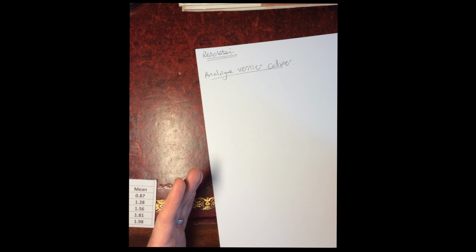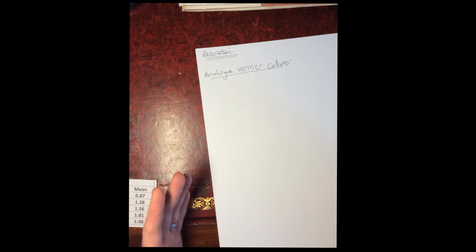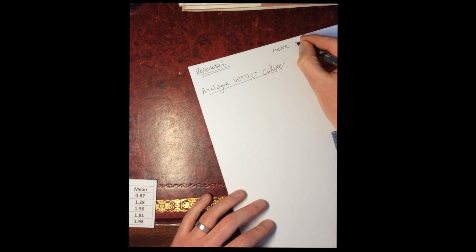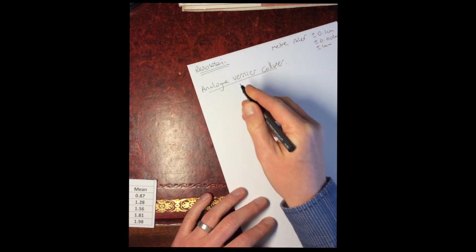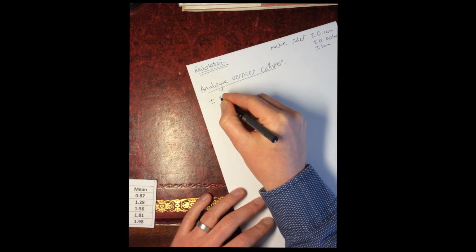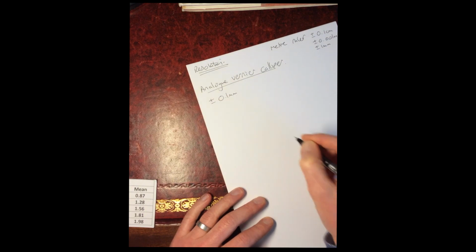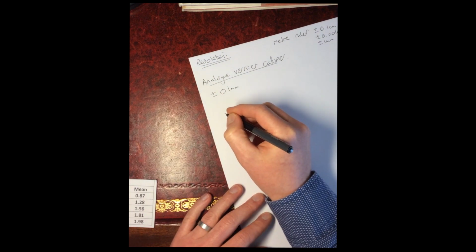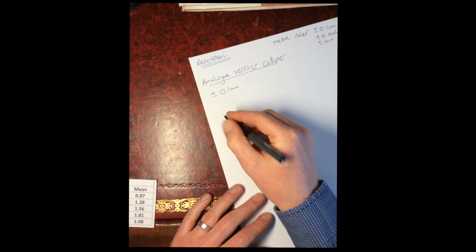This is a measuring instrument that has a higher resolution than a meter ruler. So a meter ruler, as we know, is plus or minus 0.1 centimetre or plus or minus 0.001 metres or plus or minus 1 millimetre. An analog vernier caliper is plus or minus 0.1 millimetres. That's its resolution. That's the smallest reading it can take. So it's going to give you a more accurate result probably.